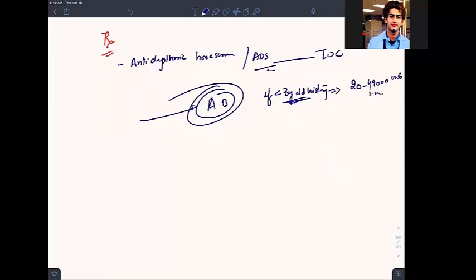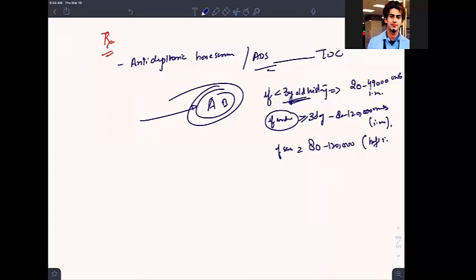Now if it is a moderate variety, greater than or equal to 3 days, you will be giving 80,000 to 1,20,000 units. But if it is severe, you will give 80,000 to 1,20,000 units, but half IM and half IV.